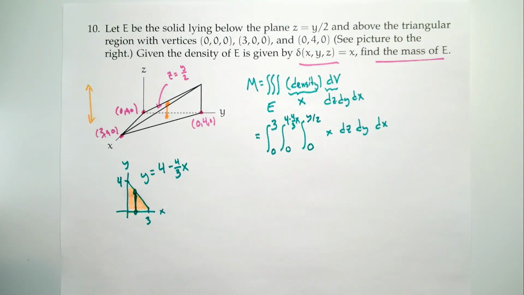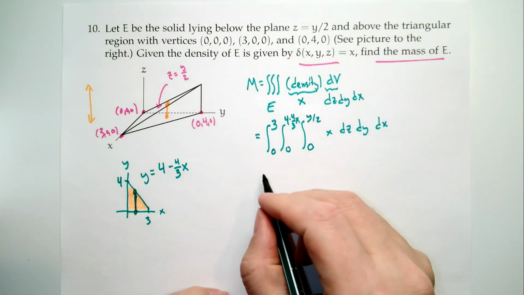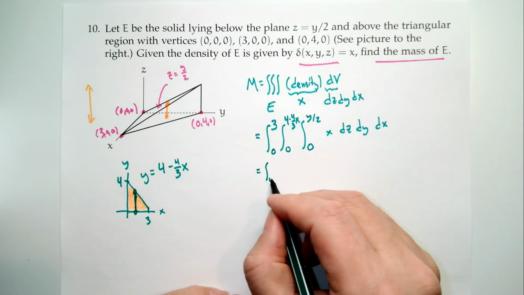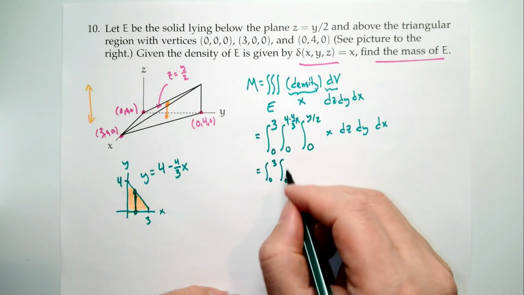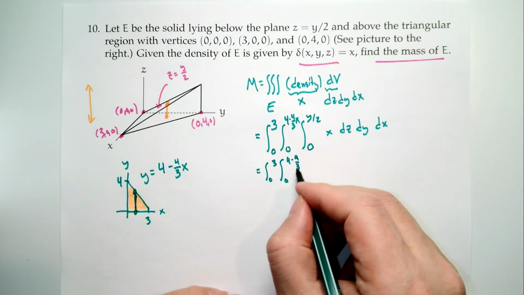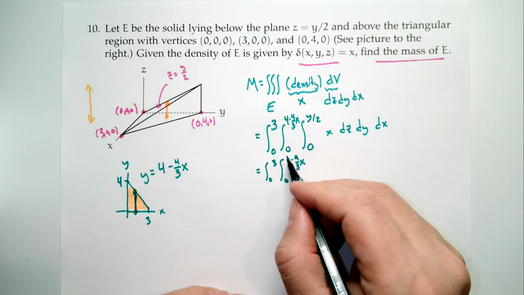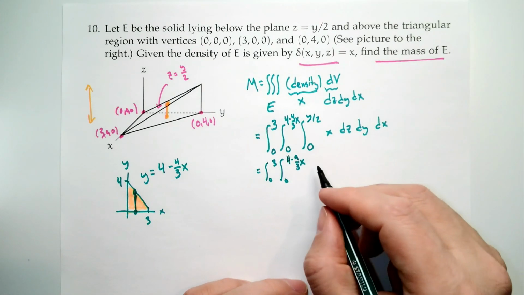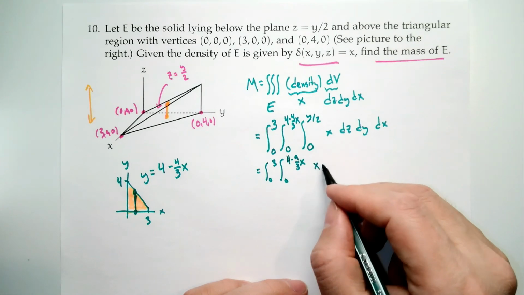Now we're ready to integrate. We've done our setup. So, I wonder what this will turn out to be. 0 to 3, 0 to 4 minus 4/3 x. Ugh, I'm thinking this is going to be a terrible answer. Well, we'll keep going.